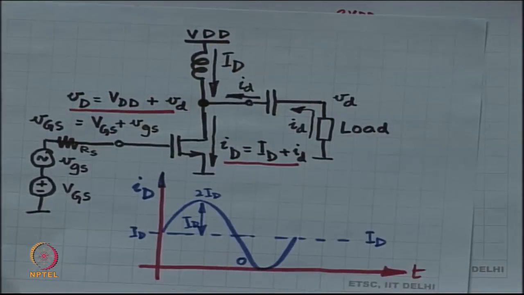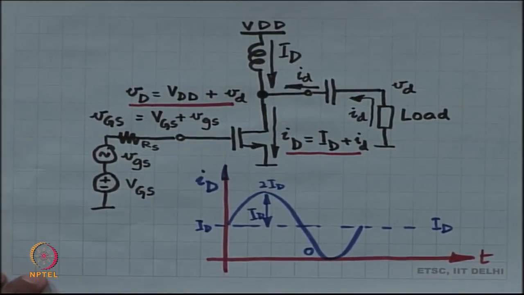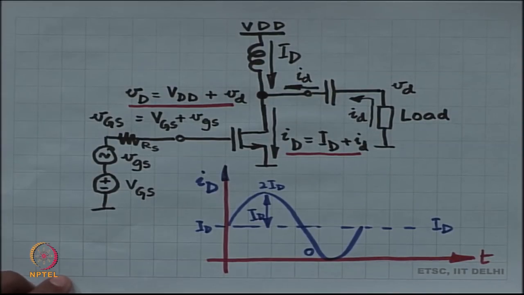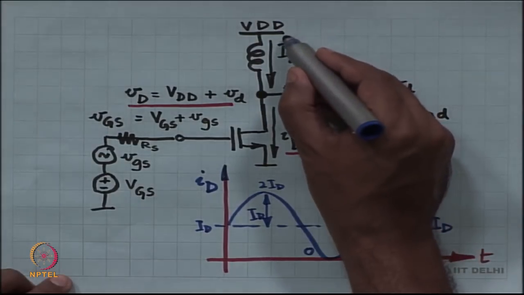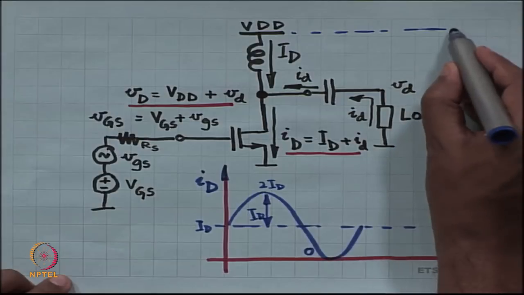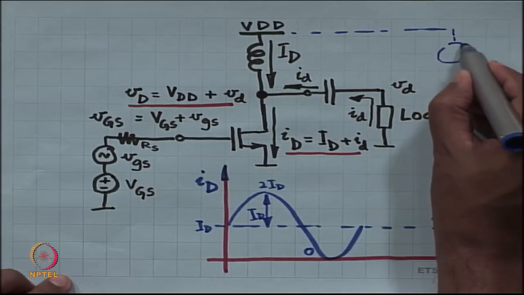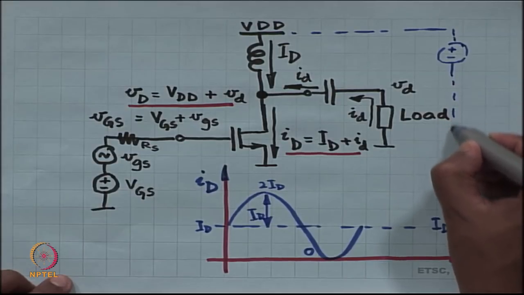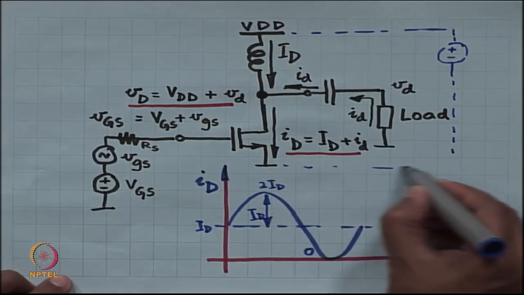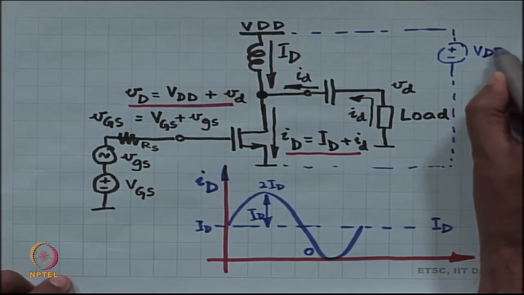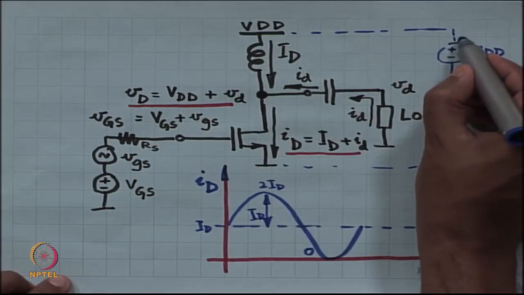Now, let us see how much power is supplied by the DC power supply. So, there is a DC power supply over here of value VDD, and how much current is it pushing?